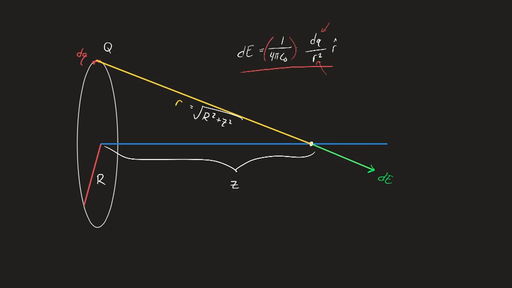I'm probably also going to have to recognize that the actual part of the electric field I want is only the part that is in this direction. For every piece that I have in this direction, I think I have another piece that's going to cancel it out. I'm looking at the geometry.